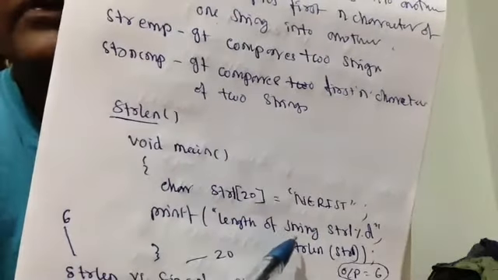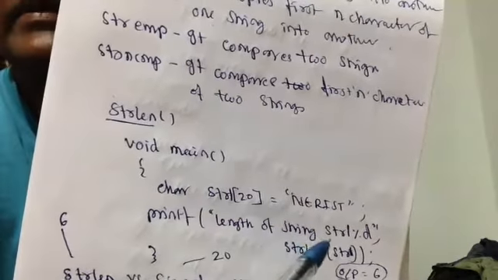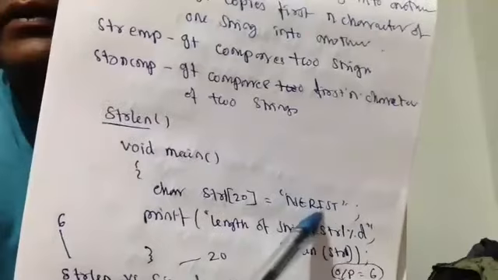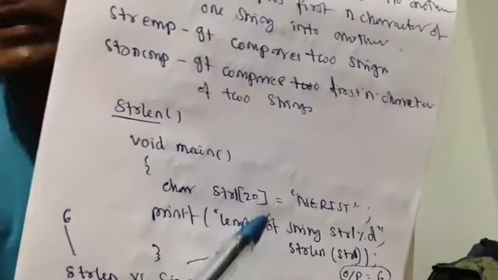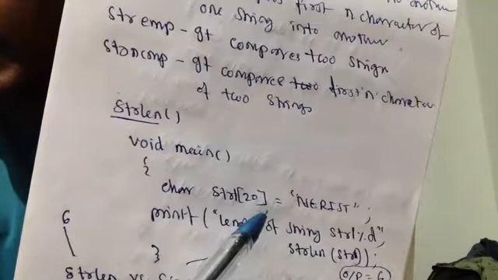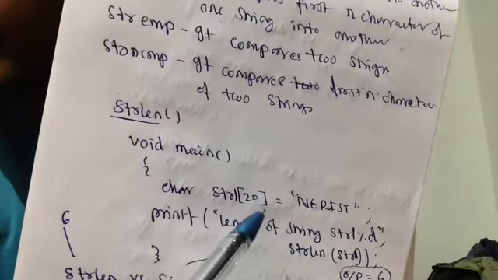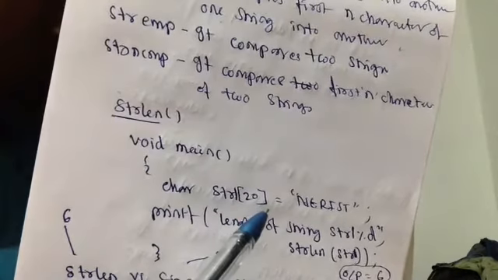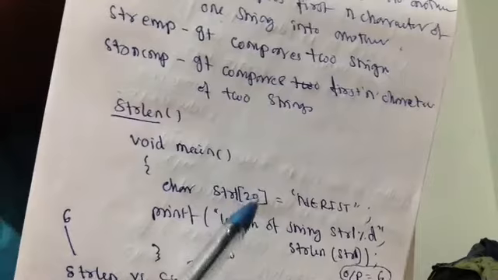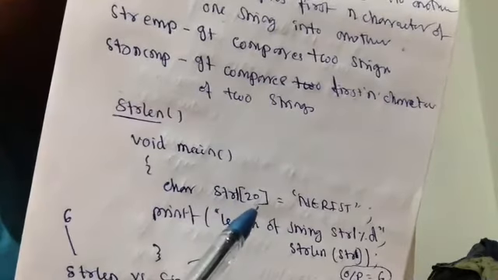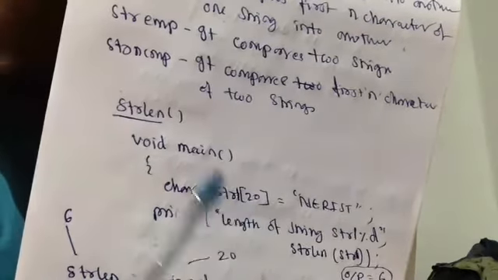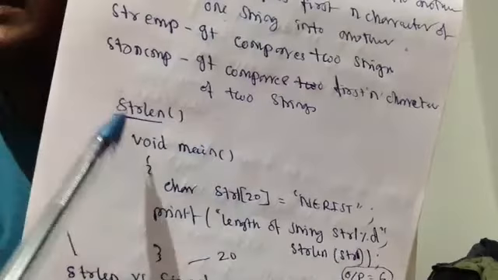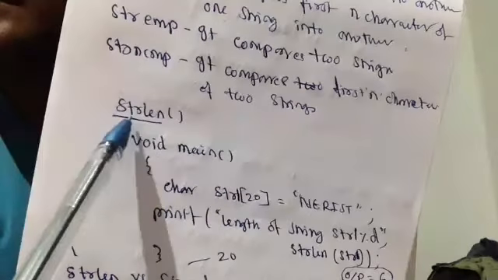Length of string, because what will it return? Character or what? After going through this operation, what will it return? Character or something else? What will be the output? Sir, number.